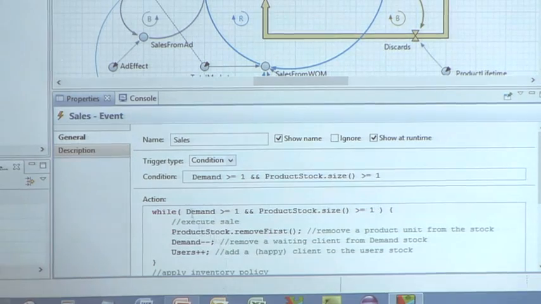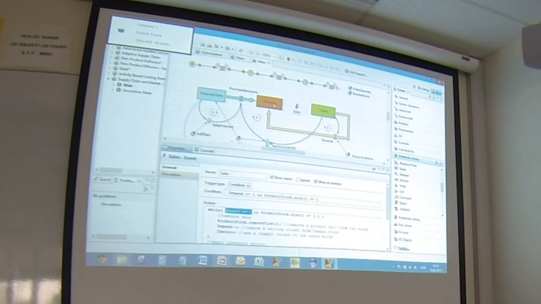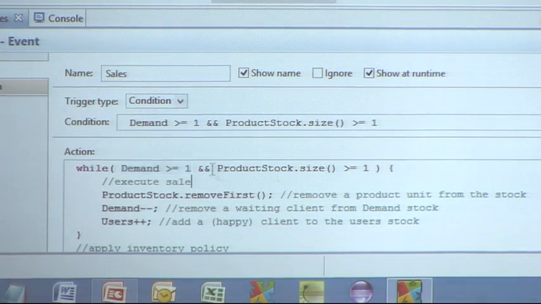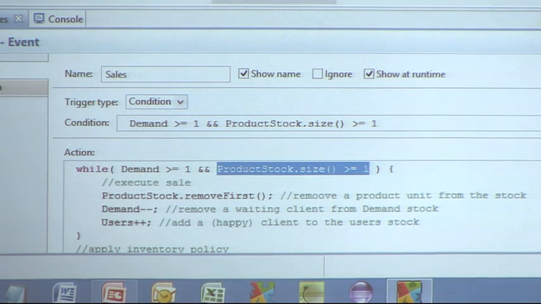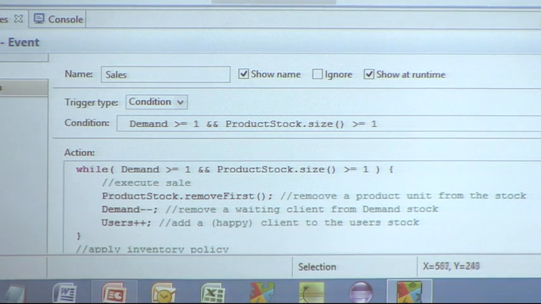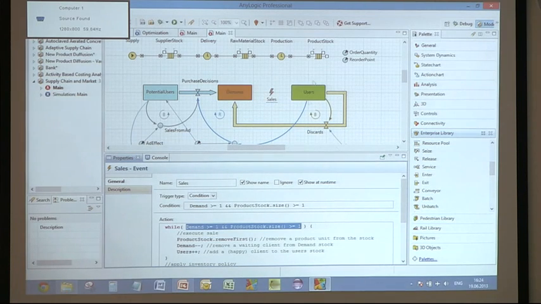Look at this: when demand is greater than 1, so if we have at least one person who wants to buy the product, and production stock size is greater than 1, and product stock is this Q. So this is a condition on two models, this model and this model.